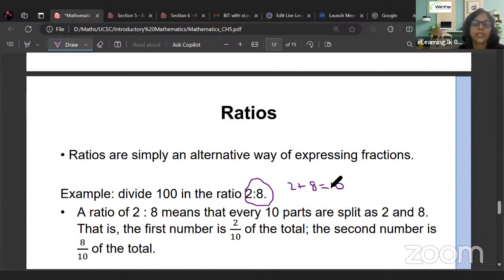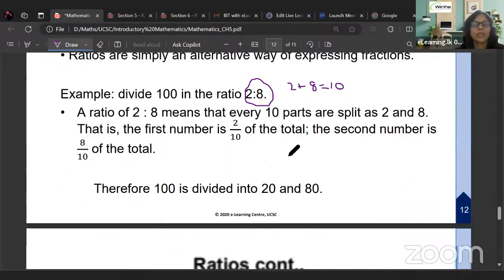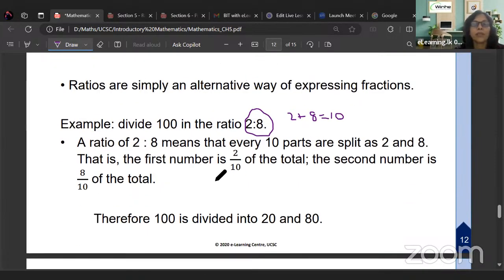If you know the fraction, you can divide any given value into these two ratios, right? So now how do we divide?